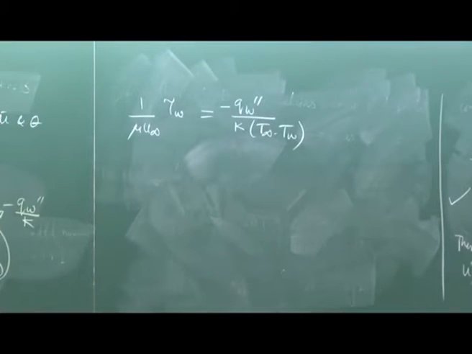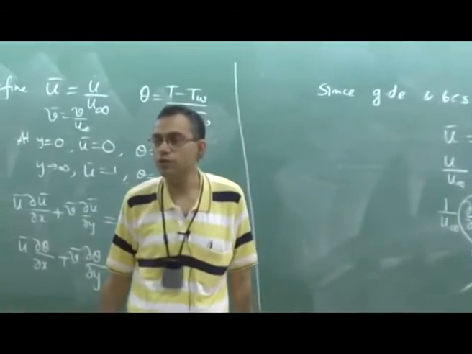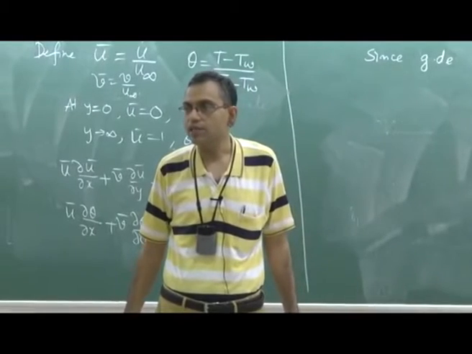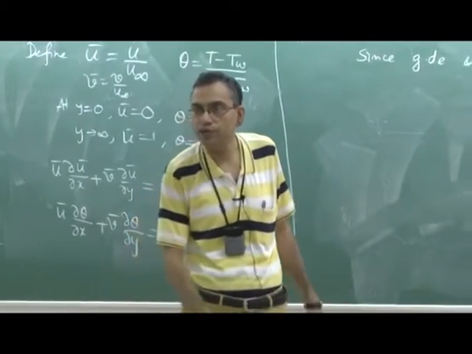Now tau wall we can write in terms of skin friction coefficient Cf. So tau wall is equal to Cf into half rho u infinity square.